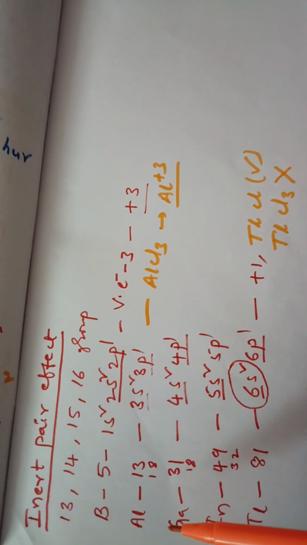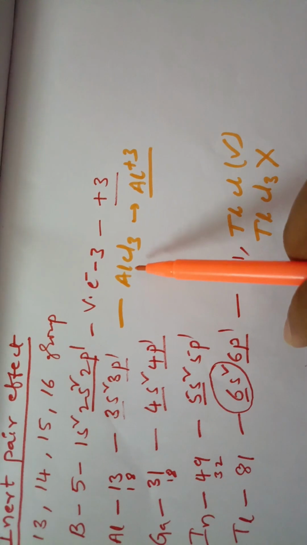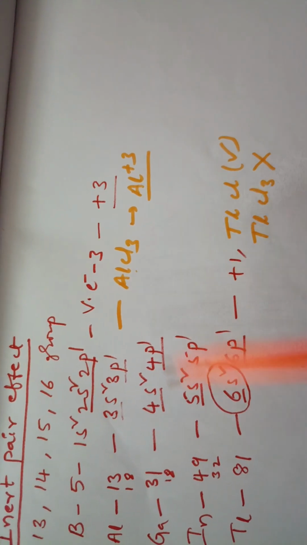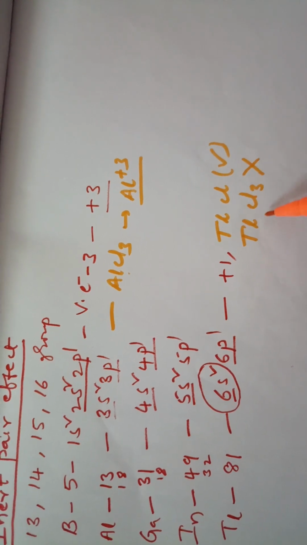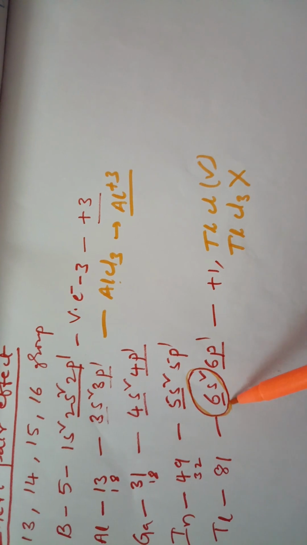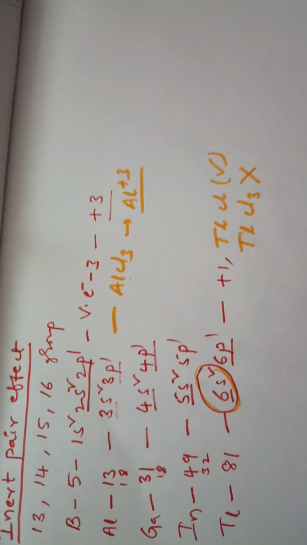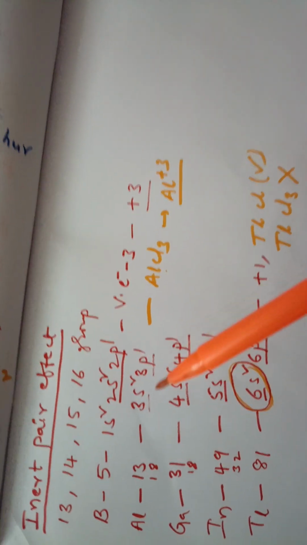But if you observe aluminum and boron, aluminum forms AlCl3, but thallium forms only TlCl, not TlCl3. Why? These 2 electrons are not participating in bond. Why?